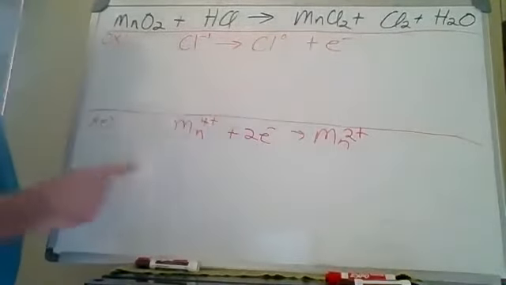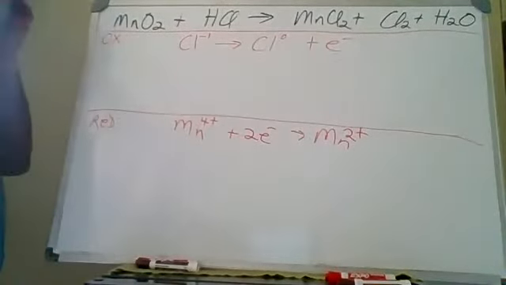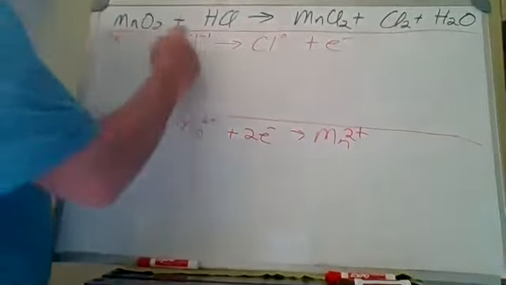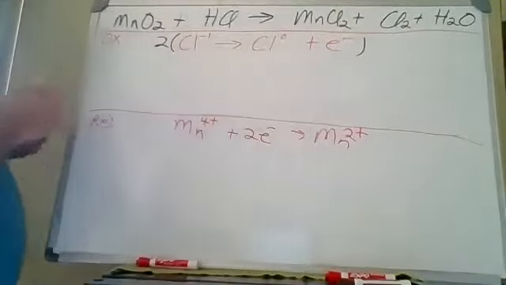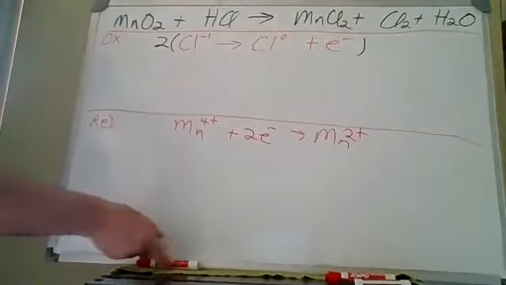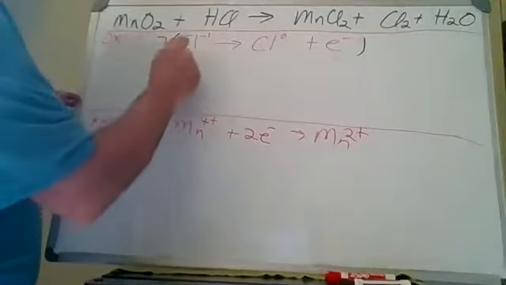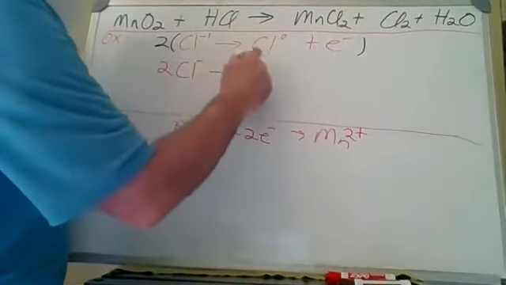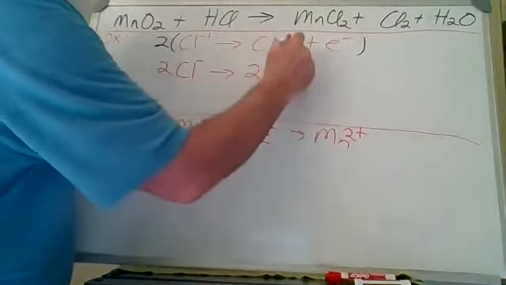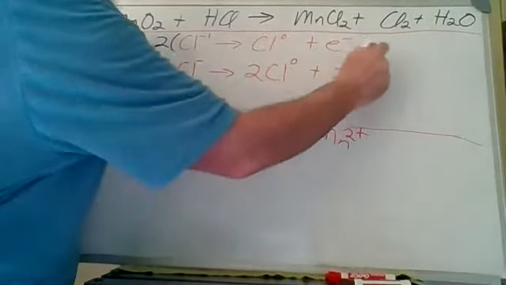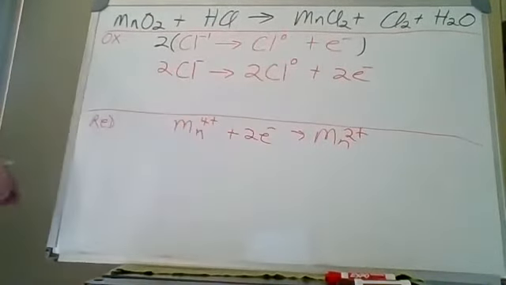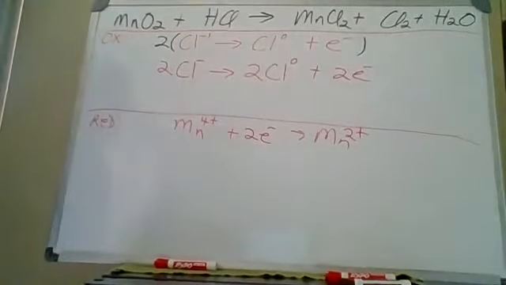I have 1 electron in the oxidation half reaction and 2 in the reduction half reaction. That means I have to multiply this reaction times 2, and I'm going to expand that out. We see 2 electrons there, 2 electrons there, so the electrons balance.